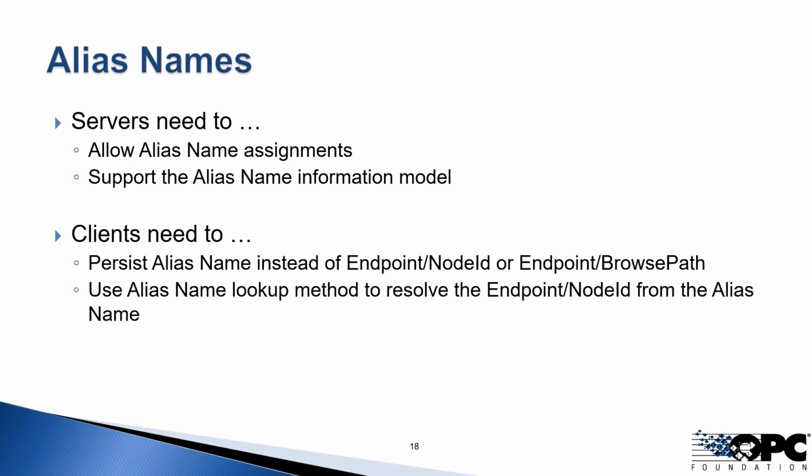So normally a client will persist the endpoint and the node ID, or sometimes the endpoint and the browse path, in order to start up again and get back to where you were. I want to subscribe to the 5 things I'm interested in.